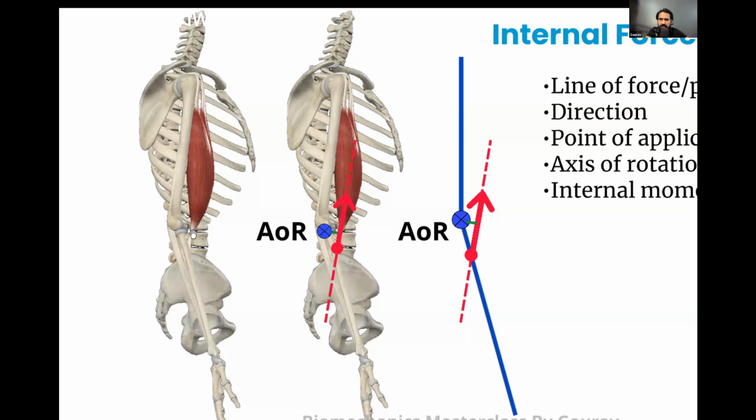Do we all agree? Type 1 in the chat. Everyone, all 90 plus people present in the room right now, come on. This is very important. And that is exactly what I've tried to represent over here. This is the point of application of the bicep force, and this is the line of force, the line of pull of the biceps.